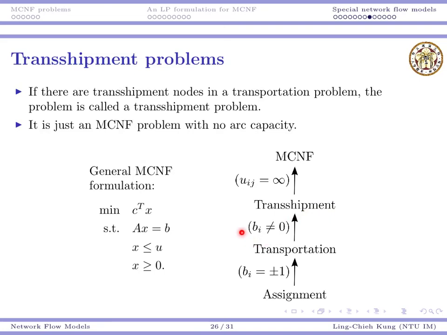If there are no transshipment nodes, that means all the b_i are positive or negative, then it's a transportation problem. If all the supply and demand quantities are 1 or negative 1, then it becomes an assignment problem. So one is a special case of the other. That's the hierarchy for these problems.